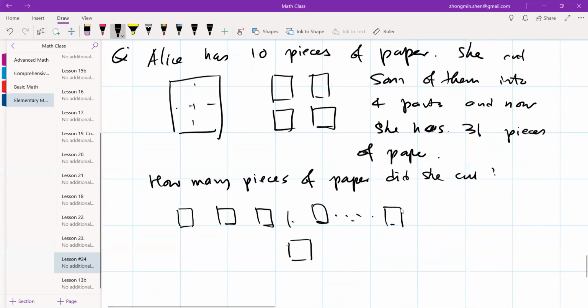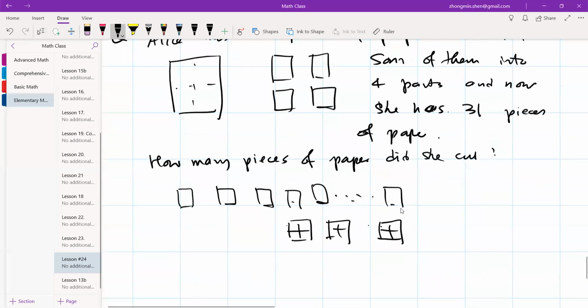So if she cuts some paper, then every paper she cuts, you get an increase of 3 pieces. Think about it this way.